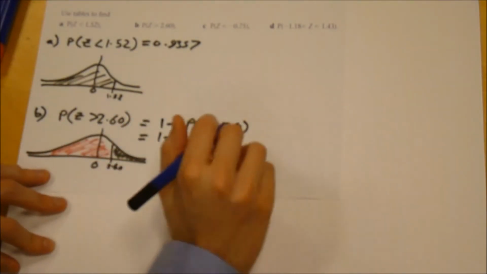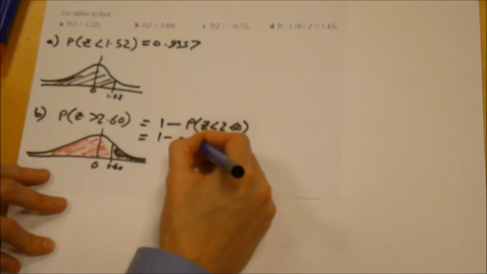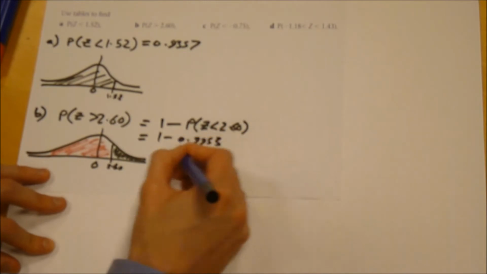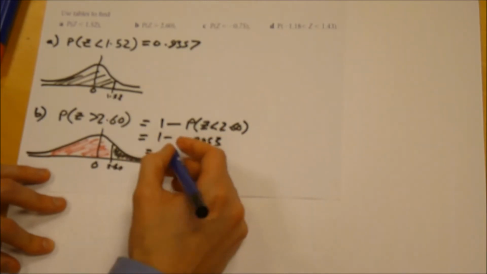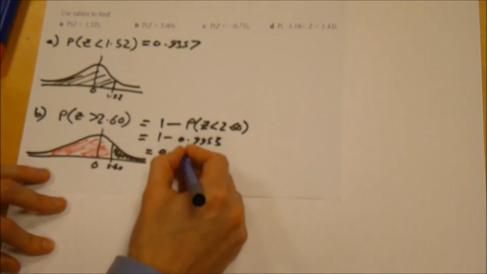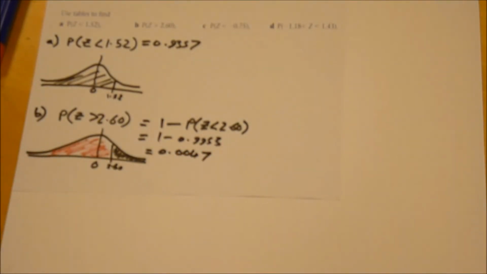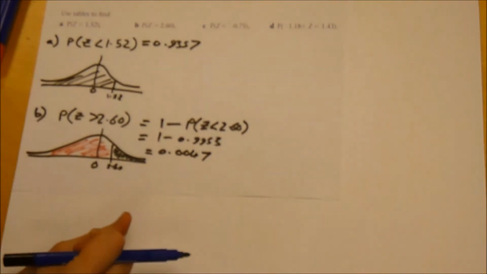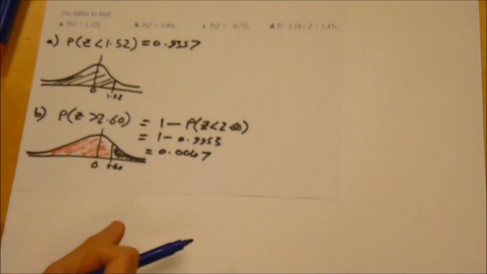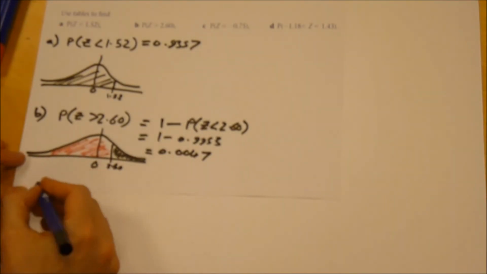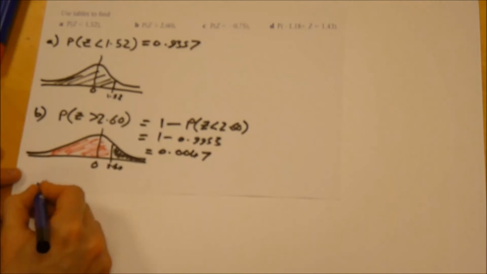So it's 1 minus 0.9953, which obviously is 0.0047. So that's the probability of Z being greater than 2.6. Not very likely.